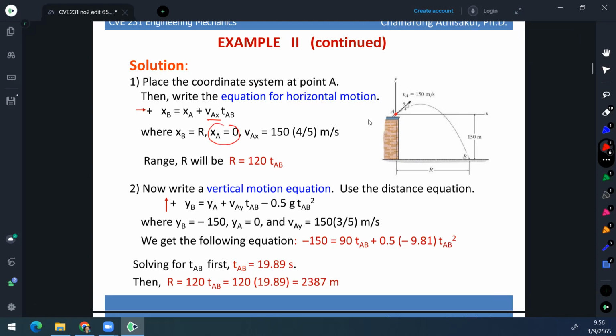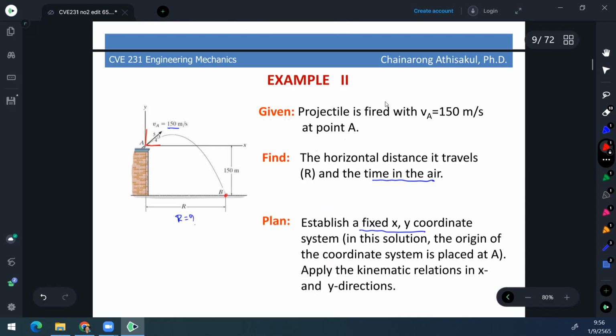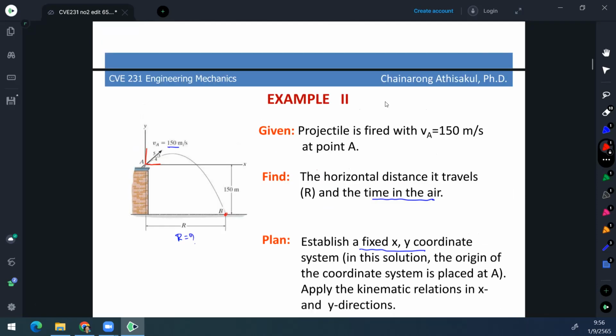We substitute VAx, that is VA cosine theta. The problem gives us the angle defined by this triangle, 3, 4, 5. This is theta, so cosine theta is 4 over 5, and sine theta is 3 over 5.